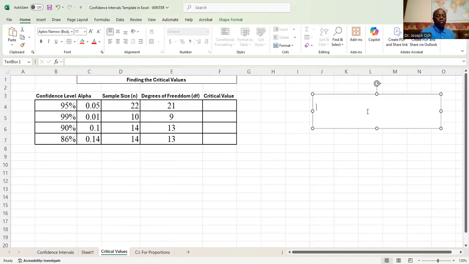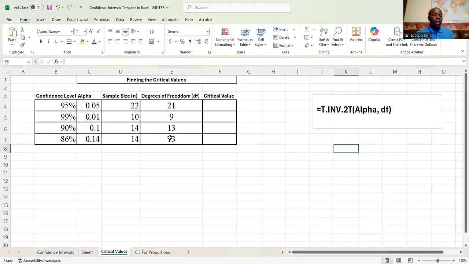So equals T, because it is a T distribution, dot inverse, because it's two sides, or 2T, in parentheses, alpha, comma, then degree of freedom. And once you press the enter key, it will give you the critical value.